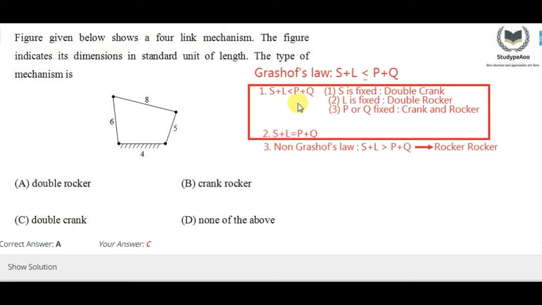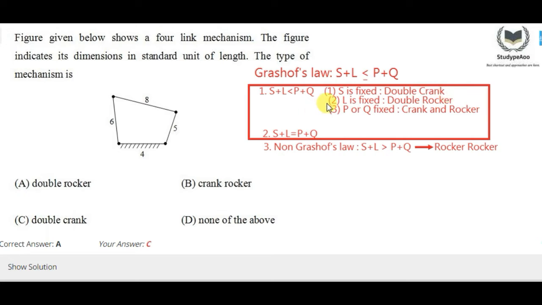So if you find a mechanism where the sum of smallest and largest link is less than P plus Q, then there are 3 points you have to check. If you find in the mechanism that the smallest link is fixed, then there will be a double crank mechanism.